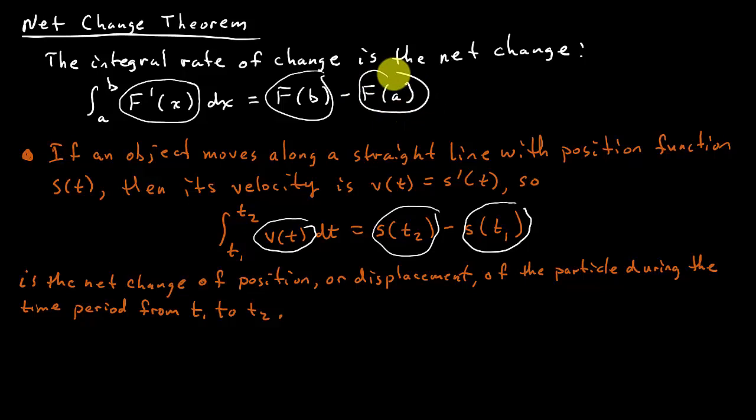That's this, because remember, s is the antiderivative of the velocity. And this is the net change of position, or displacement, of the particle during the time period from t1 to t2.